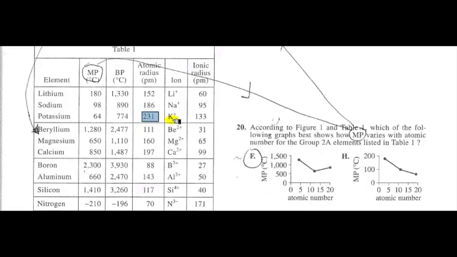Large for potassium, for the ionic radius is 133. Small, large, small. Keep going. Large, small, large, small, and so on down the list.